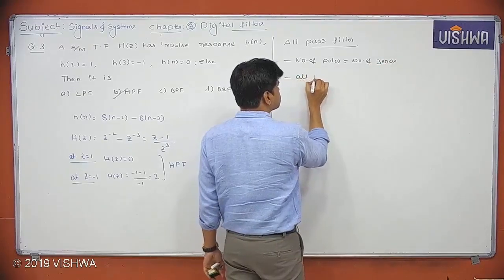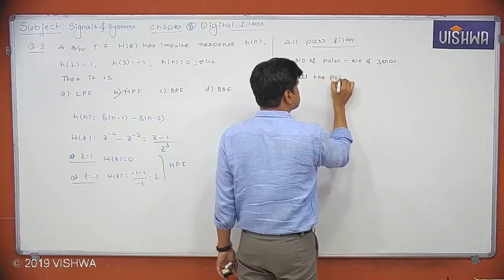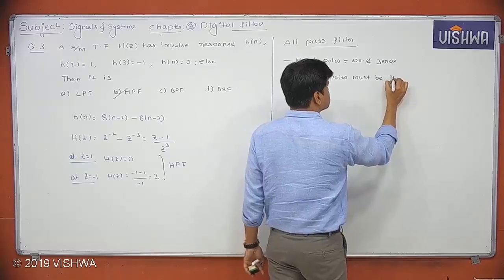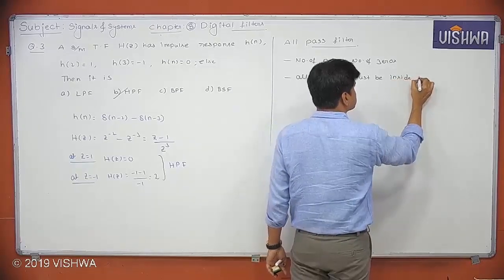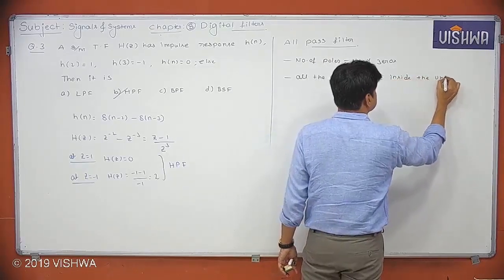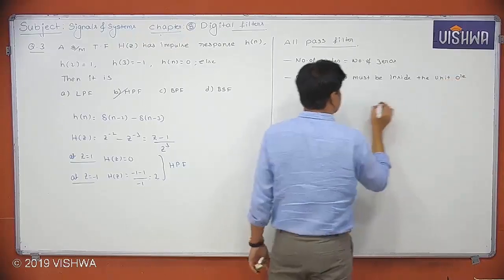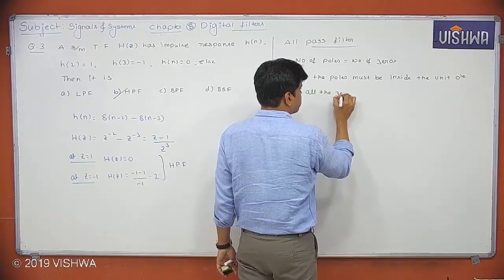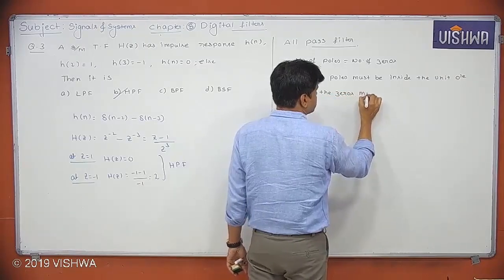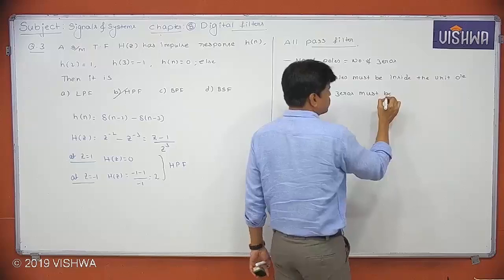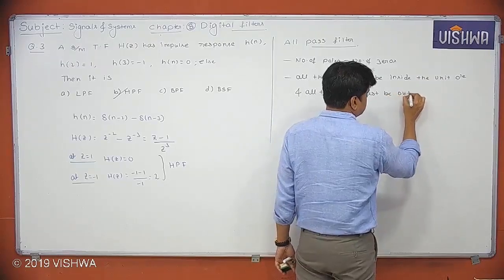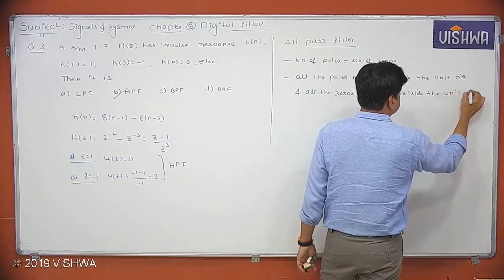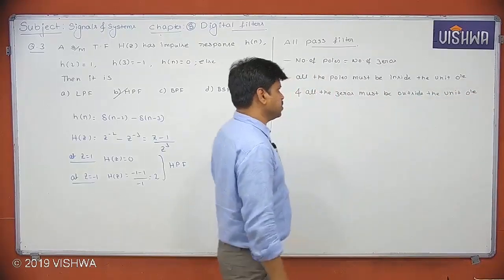All the poles must be inside the unit circle, because it is a stable system, and all the zeros must be outside the unit circle.